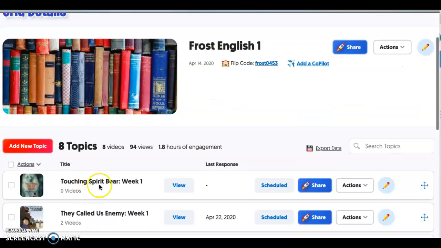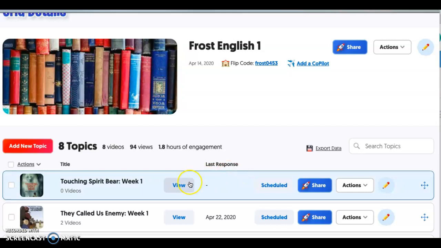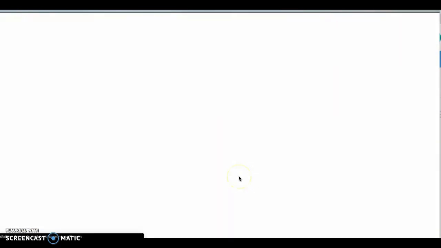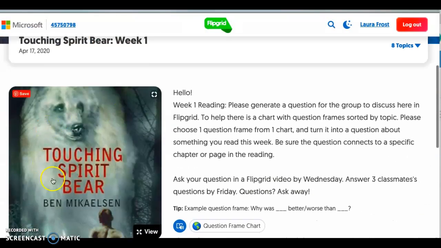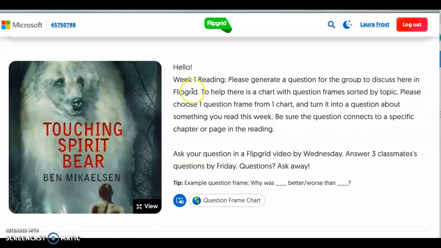If, for example, you're reading Touching Spirit Bear, or any of the other books, I basically use the same format for all of them. You should see your book cover here, and then you're going to see instructions in the middle. The instructions want you to ask a question by Wednesday, and then answer 3 classmates' questions by Friday.